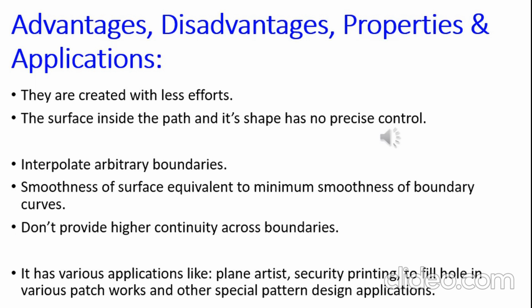And the properties are that the smoothness of the surface is equivalent to the minimum smoothness of the boundary curves. So the smoothness of the surface depends on the smoothness of the boundary curves, and it does not provide us the higher continuity across the boundaries. And it interpolates the arbitrary boundaries as well.